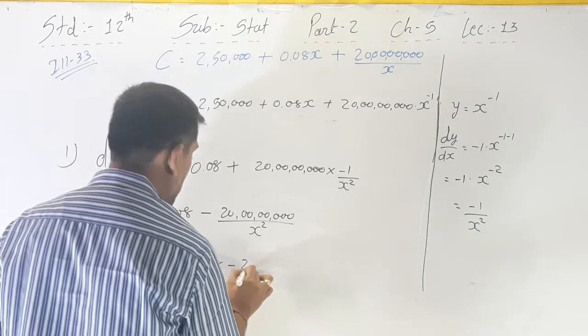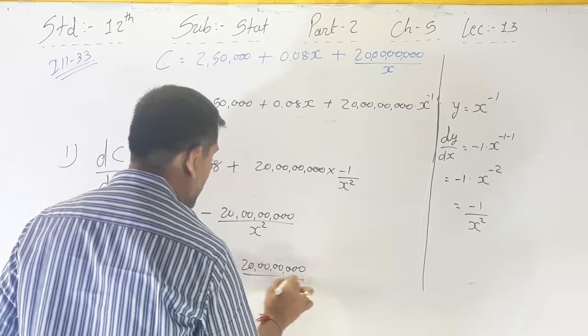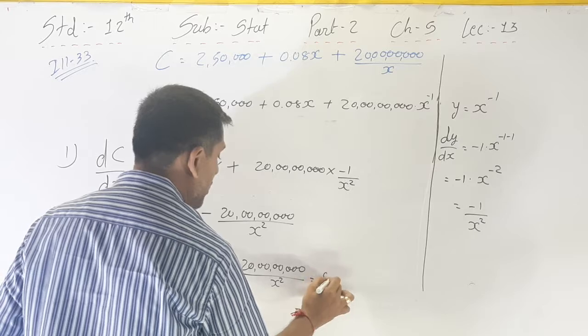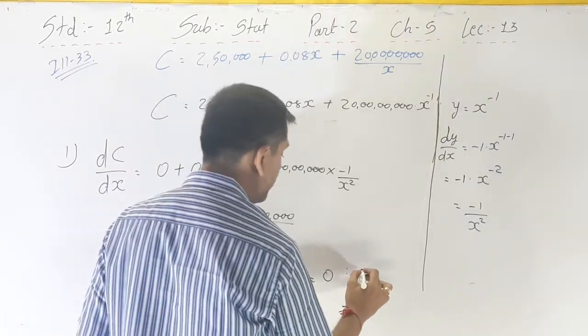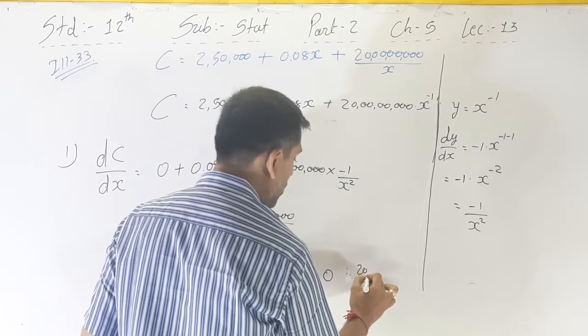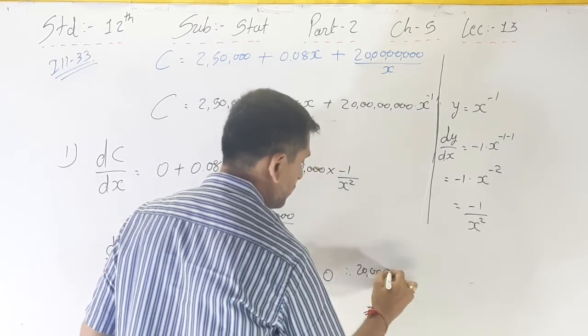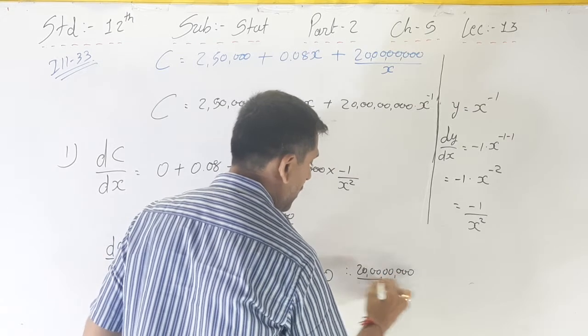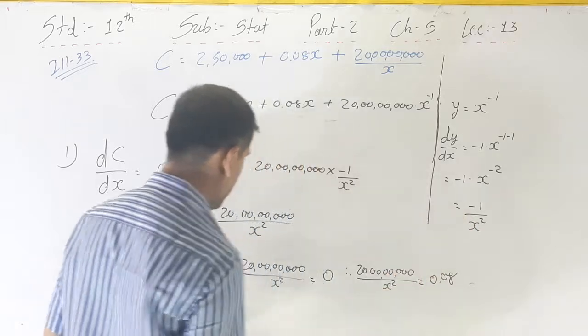0.08 minus 20 crore upon x square is equal to 0. Therefore we can say that 20 crore upon x square is equal to 0.08.